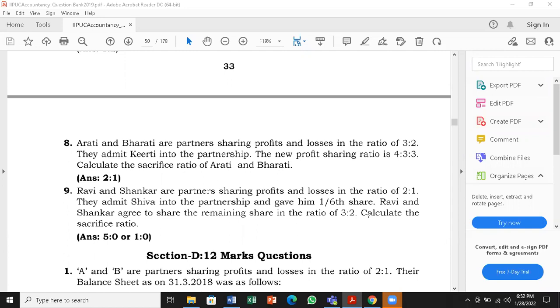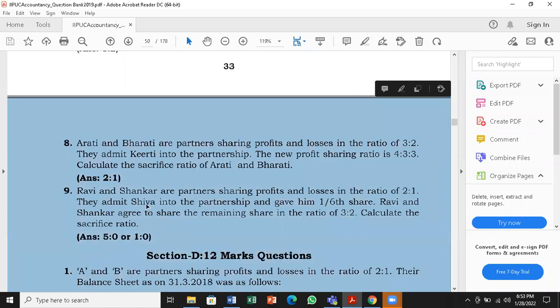So calculation of sacrifice ratio, problem number 9, page number 33 in the question booklet. It goes like this. Ravi and Shankar are partners sharing profits and losses in the ratio of 2:1.